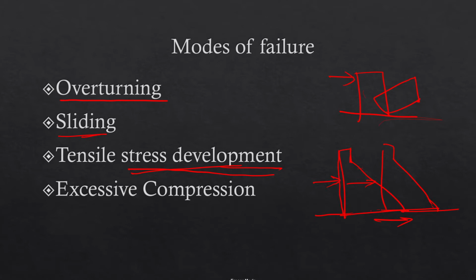Therefore we assume that the concrete or the masonry used to build the gravity dam has zero tensile strength, and anywhere in the dam, if tensile stress develops, we'll consider that as failure of the dam.